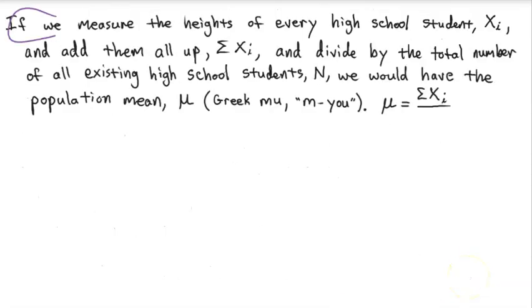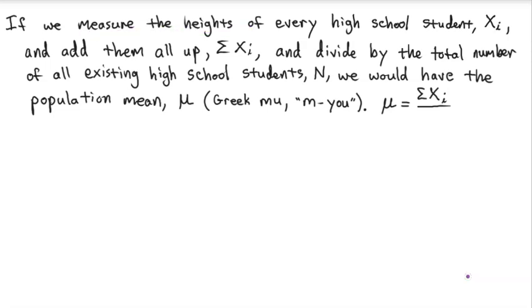Similarly, if we measure the heights of every single high school student, we use the letter x to represent each measure, and sub i would be each one. So x sub 1 would be the first high school student, x sub 2 would be the second high school student, x sub 4,543,897, etc. And so this is every single high school student.